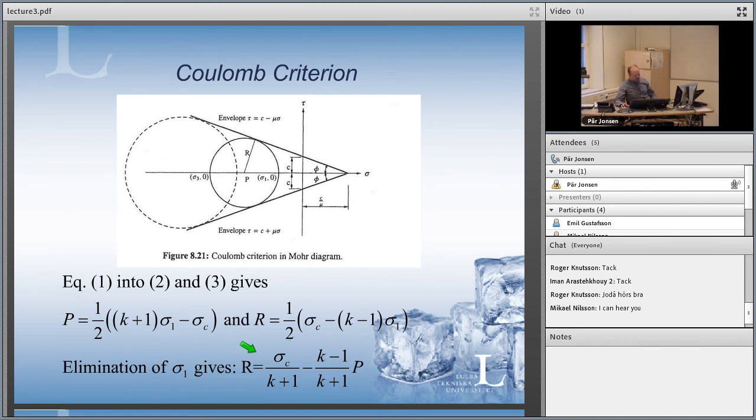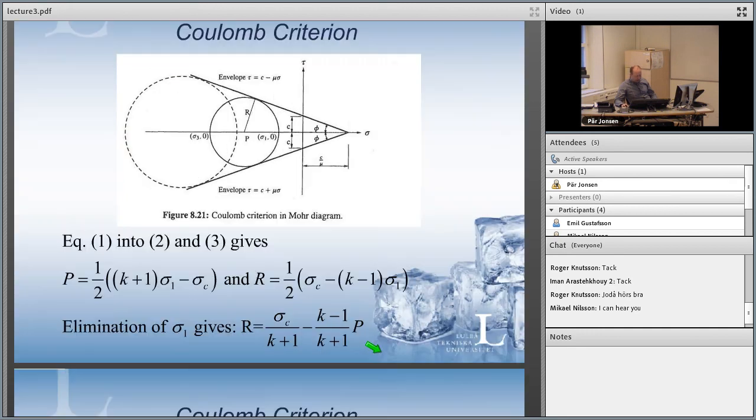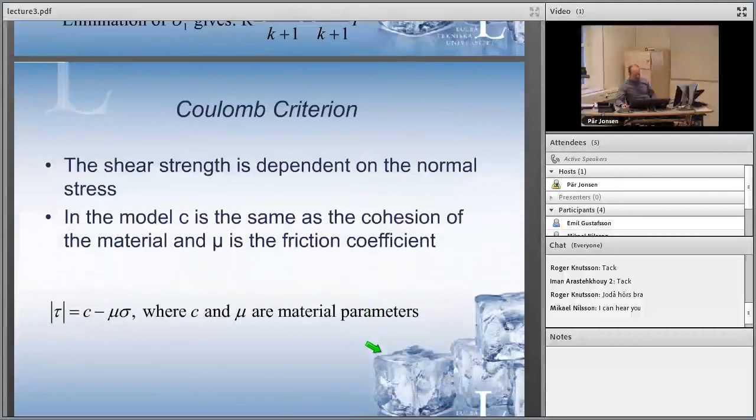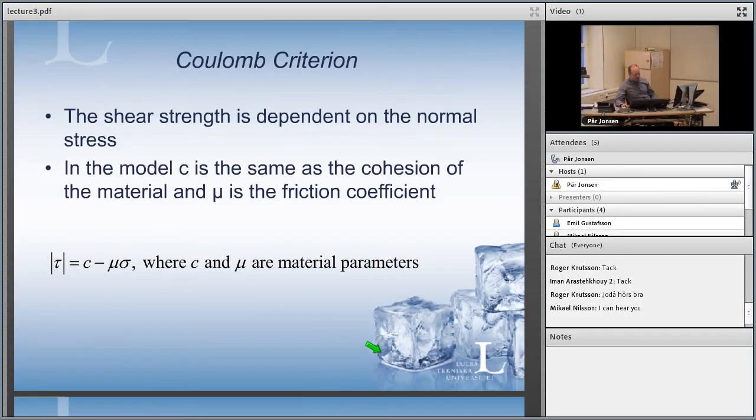And to eliminate the first principal stress, you can have an expression of R dependent on K and your compressive yielding. So this is the linear one, and it's what we call the shear strength dependent model.